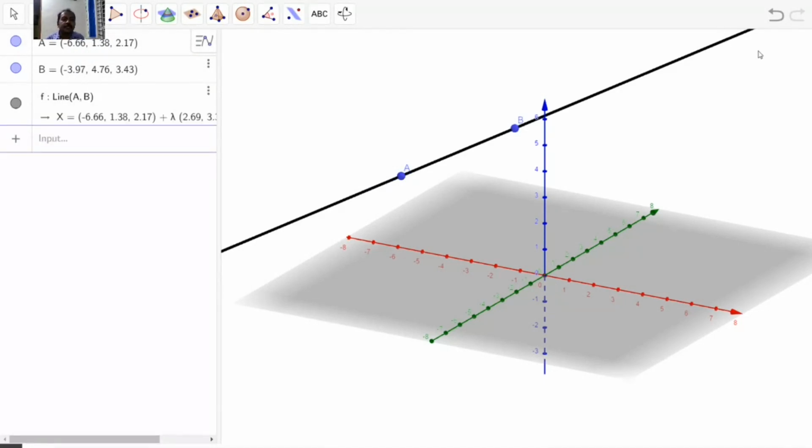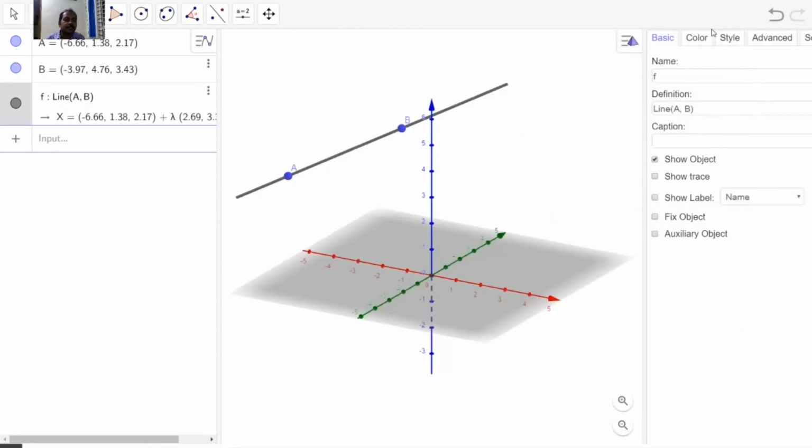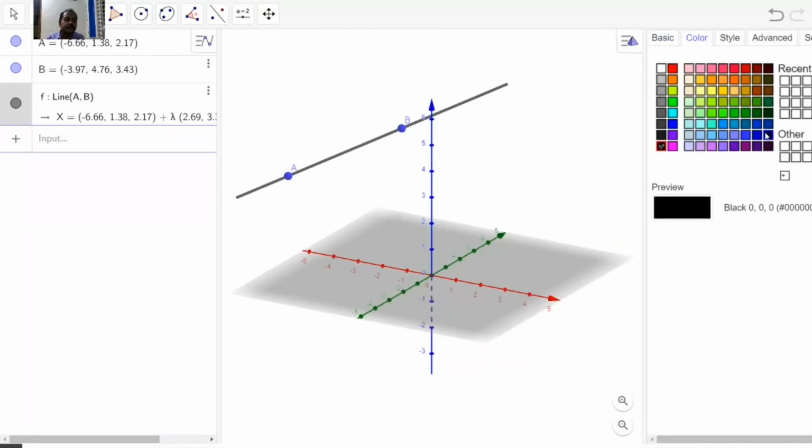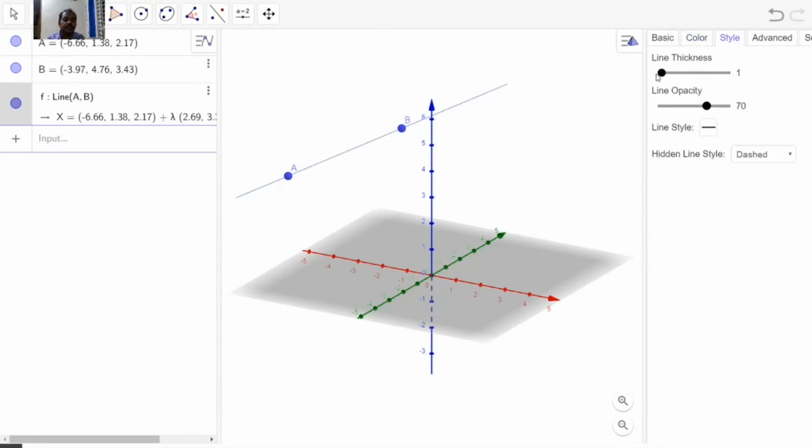You may make its color blue, with a little line thickness, so that's enough.